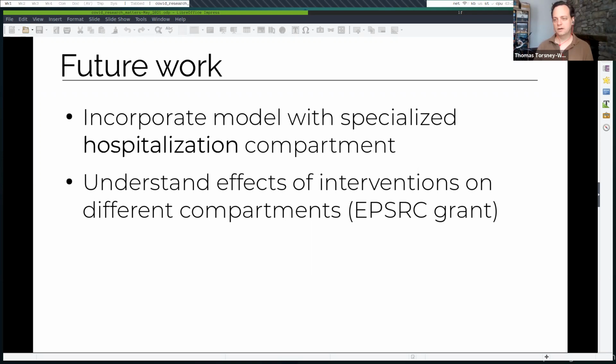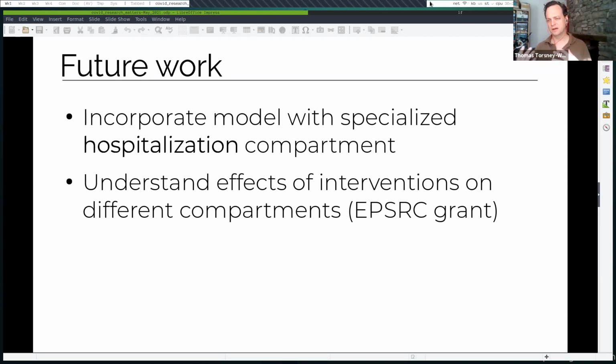And then also, we just received an EPSRC grant, which is exciting, with Alma as the PI, working on trying to understand how different types of interventions can affect, say, rates of hospitalizations or deaths or all this kind of stuff.